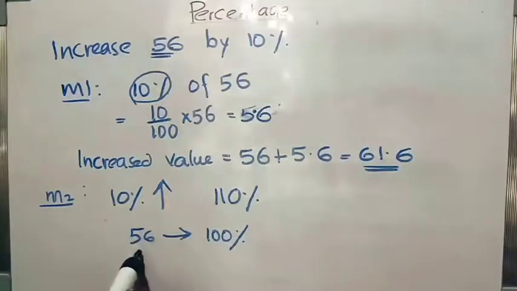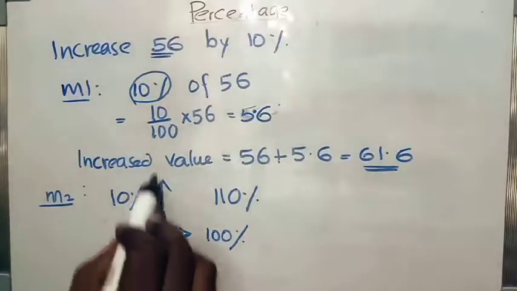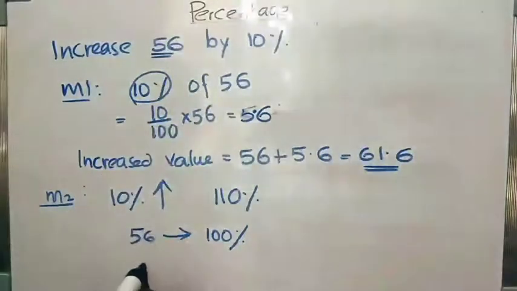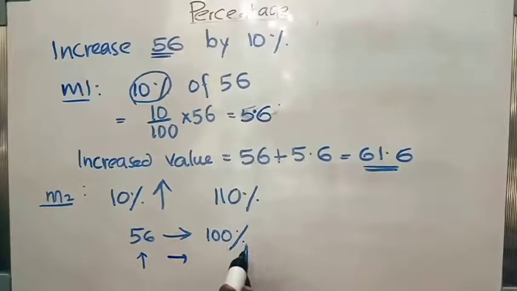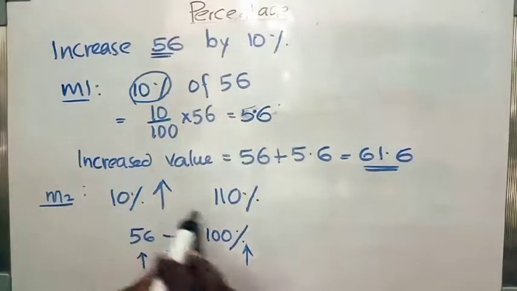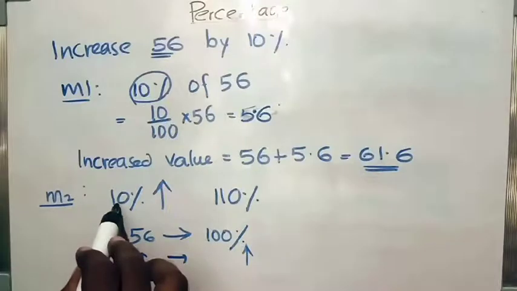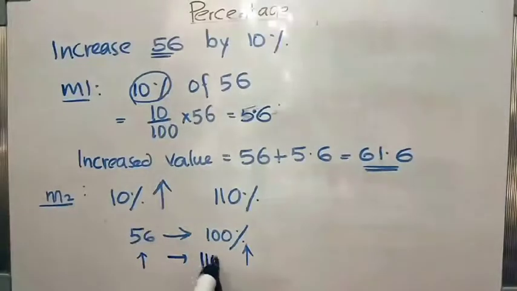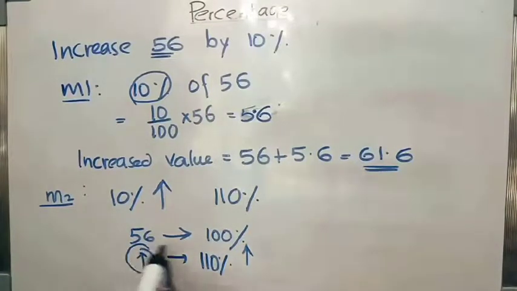If you make a number smaller than 56, that will be less than 100%. Now as the number is getting increased, 100 is getting increased by 10%. So 100 is changed to 110. So if 56 is 100%, then our new increased number will be 110%.